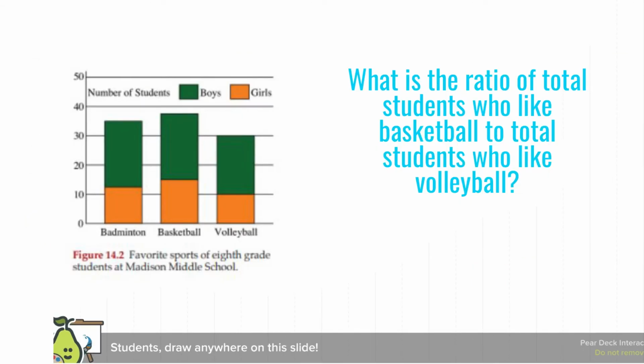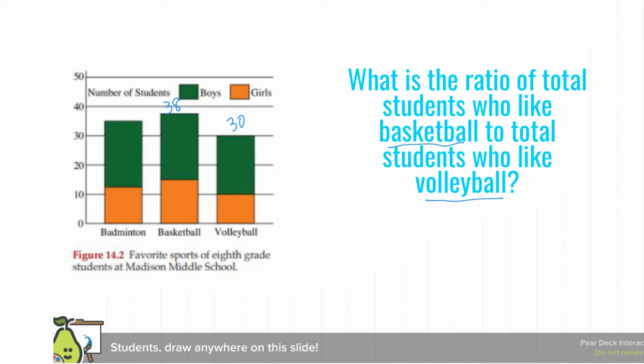All right, this next question, it says, what is the ratio of the total students who like basketball to the total students who like volleyball? So basketball total is approximately 38, and the volleyball total is 30.